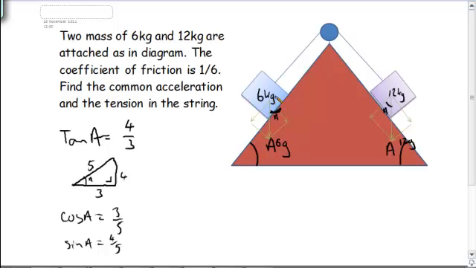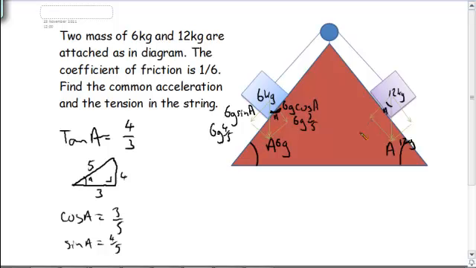So the adjacent component is the magnitude, which is 6g, multiplied by cos A, which would be 6g times 3/5. The component going down the plane, it's this vector here, and it works out to be the magnitude 6g times the sine of A, which is 4/5.